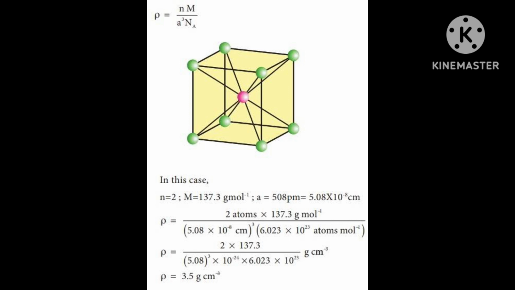Then what will you get? 12.08 multiplied by 2 comes to 24.16 into 10 to the power 23 atoms. This is the final answer.